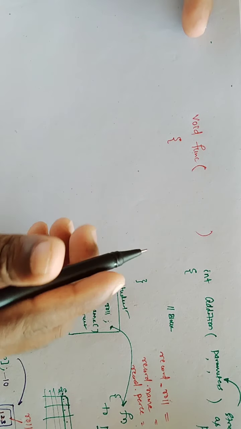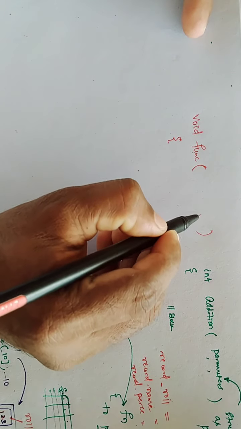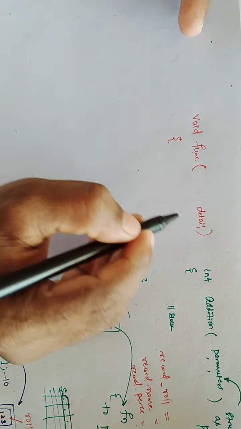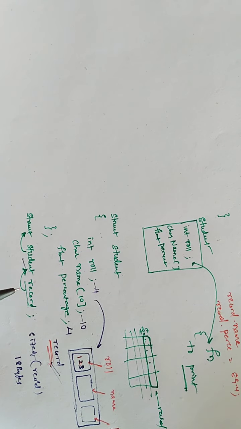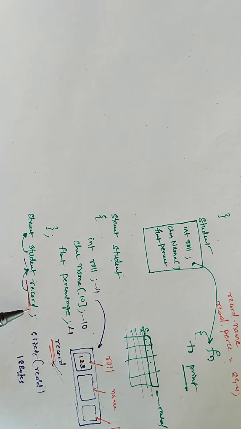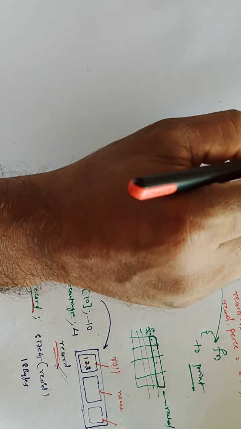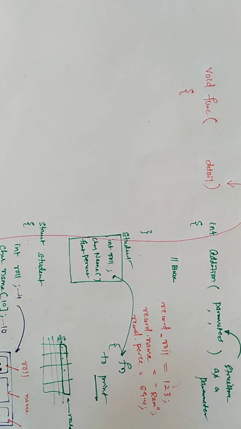So what is the parameter I am taking? I will take a parameter called detail. Detail should be of what type? We are trying to pass record as an input, record as a parameter to this function.